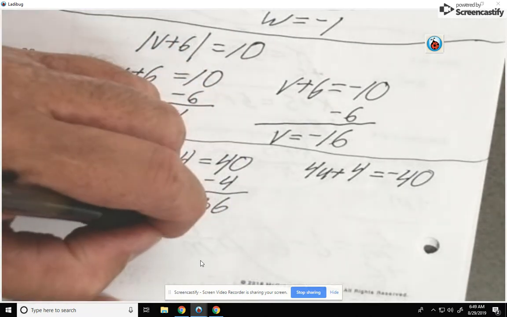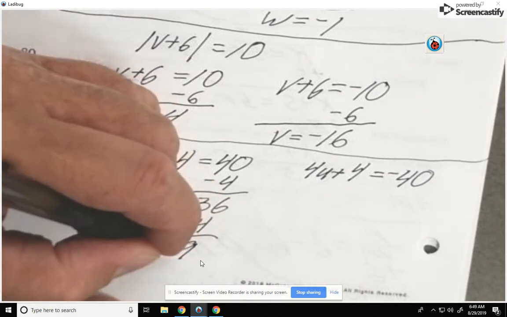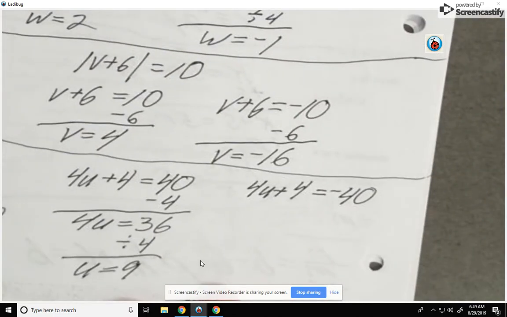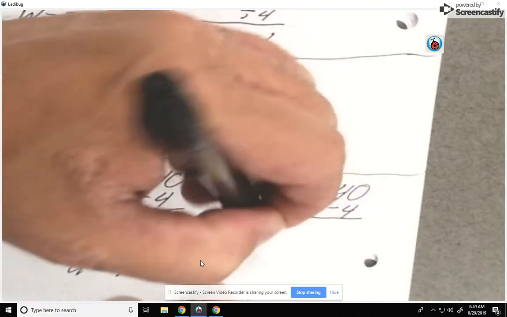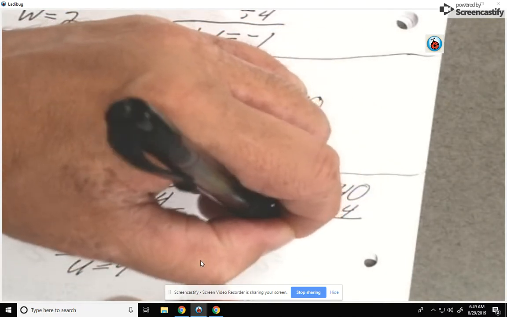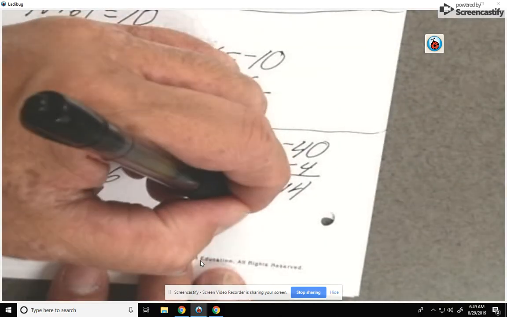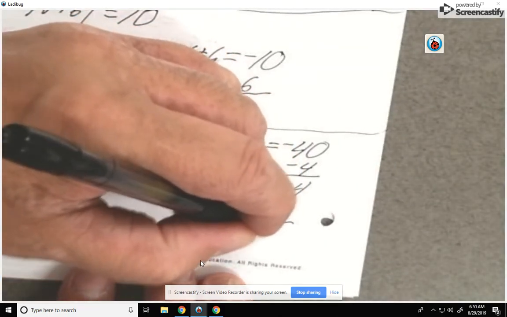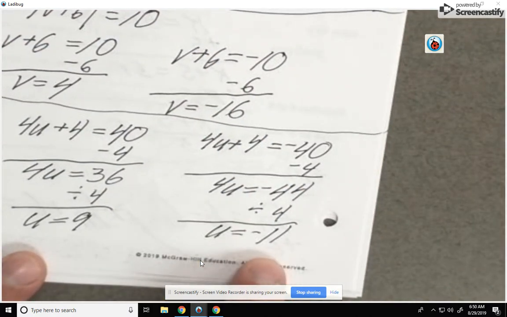We then divide through by the 4 to get u equals 9. So our first answer is 9. Then over here, we do the same thing. We subtract 4 to get 4u equals negative 44. We divide through by 4 to get u equals negative 11. So our answers are 9 and negative 11.